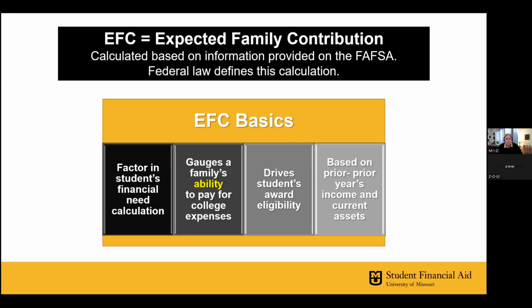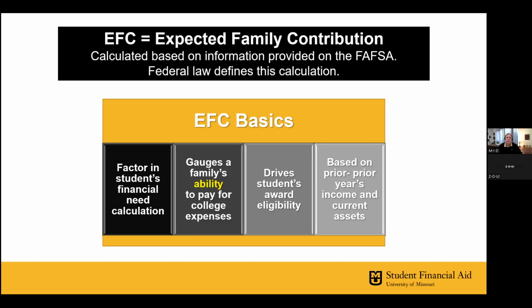So unfortunately, if parents refuse to provide the information on the FAFSA, or are not going to be able to or want to help contribute to their child's education, there's no shame in that. But the problem is that's not going to impact the EFC. We can't change it for that reason. That's just federal law, and unfortunately, that's something that we have to abide by. But it drives the student's award eligibility.